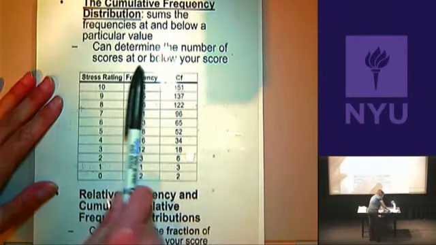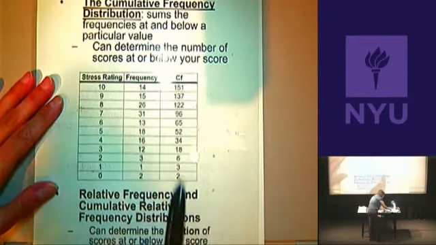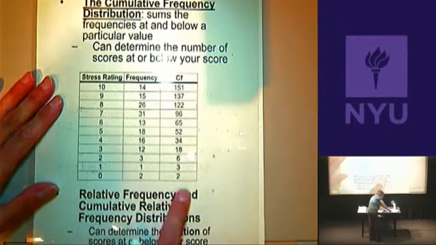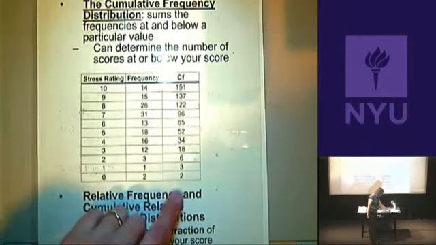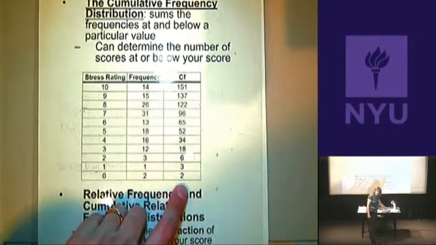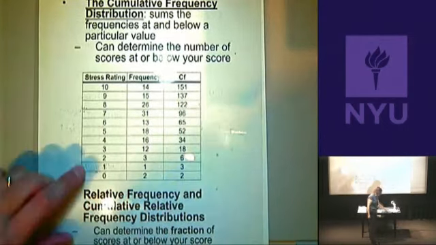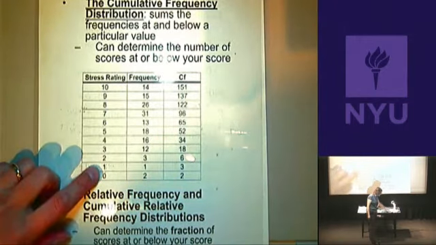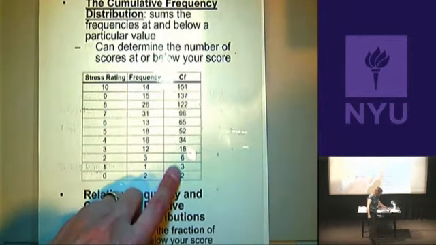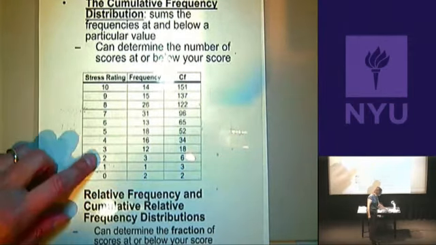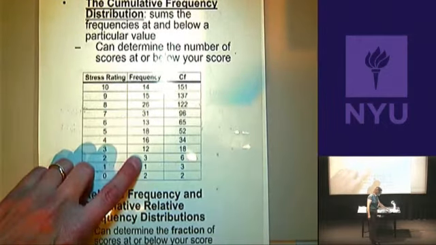How do I get this? Well, I start at the bottom. How many kids got a score of 0? 2 of them. So my cumulative frequency here is 2. How many kids got a score of 1? Well, 1 did. So I add that 1 to my 2, and now I say 3 did. And if I go up to 2, how many got that? 3 of them did. So 3 plus the 3 equals the 6.